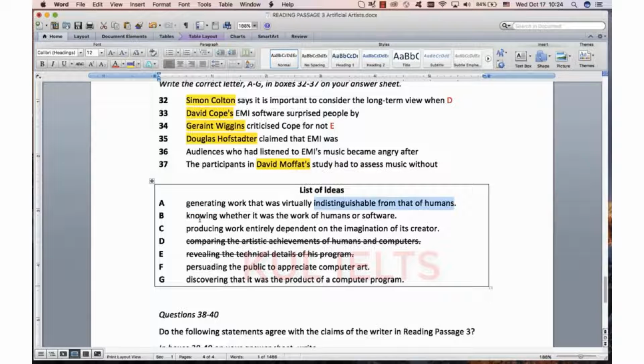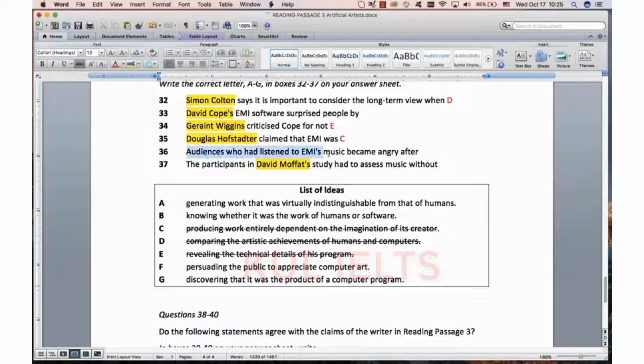Nothing about humans. Knowing, no. Producing, created, good. Entirely dependent, rely. Imagination of its creator, original artist's creativity. That word there helped us a lot because depend and rely are strong synonyms. I've often seen them use depend and rely as synonyms, so make sure you know those. So this one I'm also quite confident about, that Hofstadter was C.